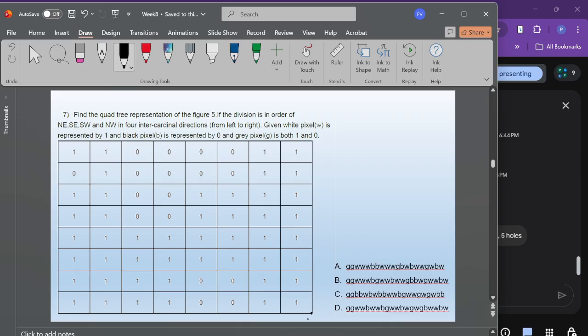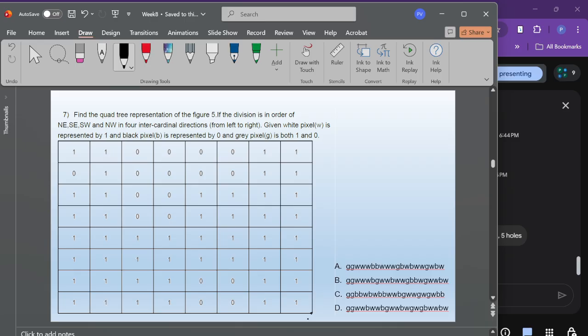Okay. So given here, the white pixel is represented by W if all pixels are 1, and the black pixel is represented by B if all are 0, and the gray pixel is represented by Z if there is a mix, that is both 1 and 0 will be there.